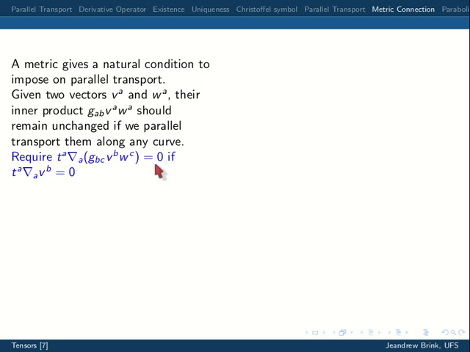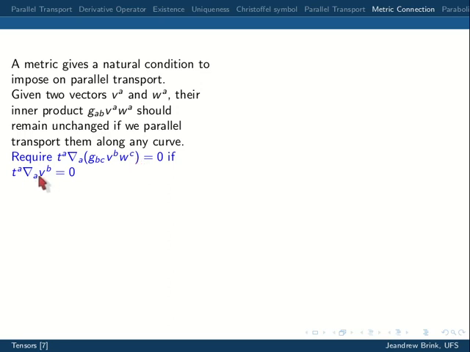So we require this to be 0 if we parallel transport the vectors themselves.